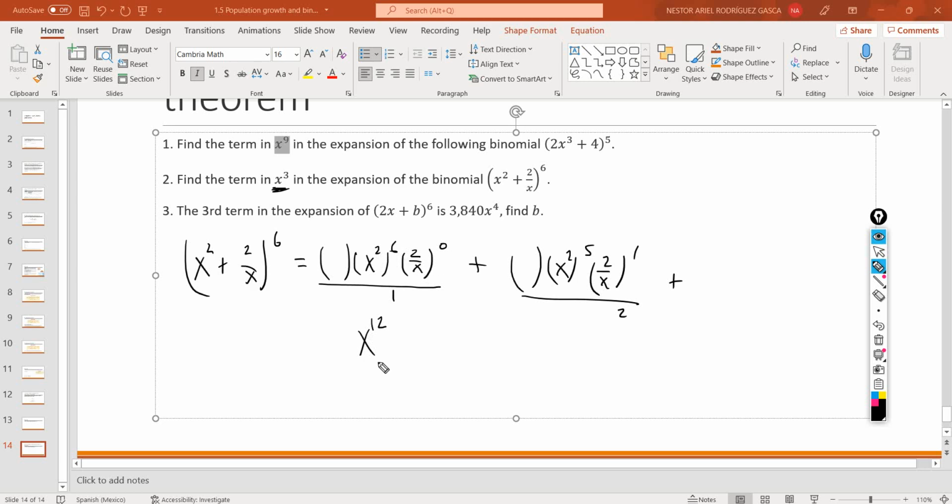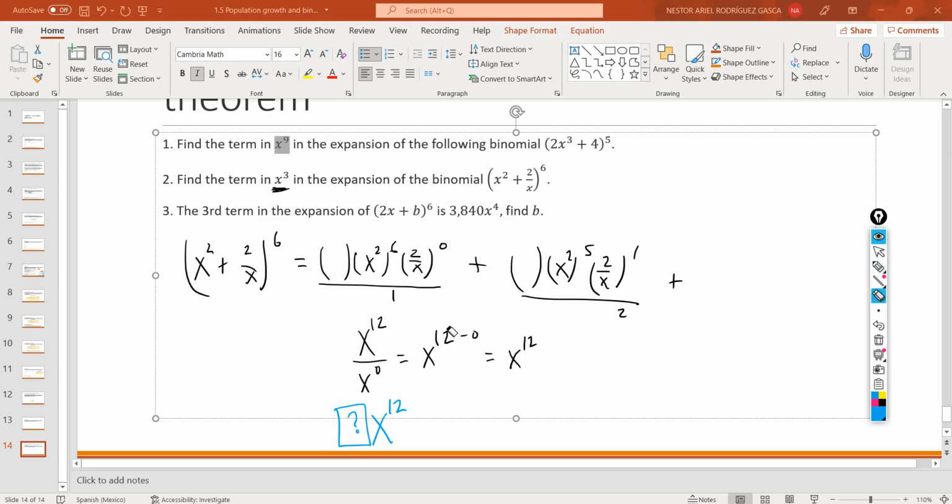And when you raise x to the 0, you will get x to the 0, which is eventually the same as x to the 12th minus 0, which is eventually x to the 12th. So basically, guys, the variable part of this whole term will be, in the end, x to the 12th. I'm only getting the variable part of this term. It will be multiplied by a coefficient that I'm not getting because I'm not interested so far in the coefficient. I'm only interested in the variable part. So forget about this coefficient for the moment.